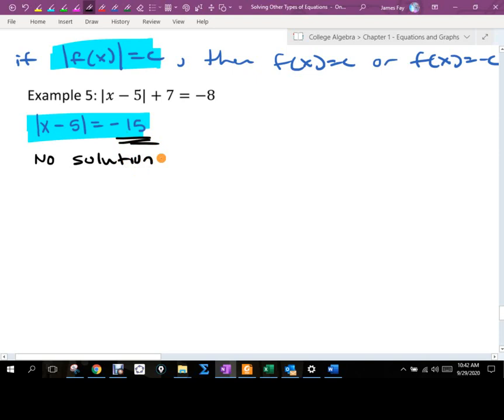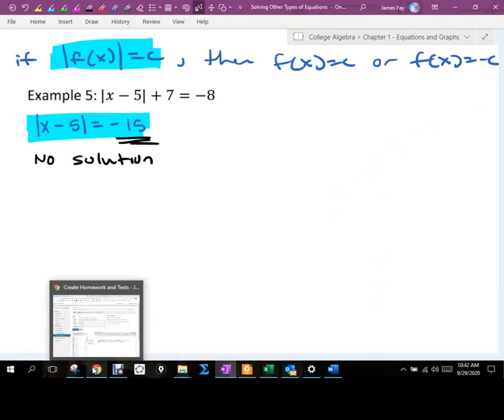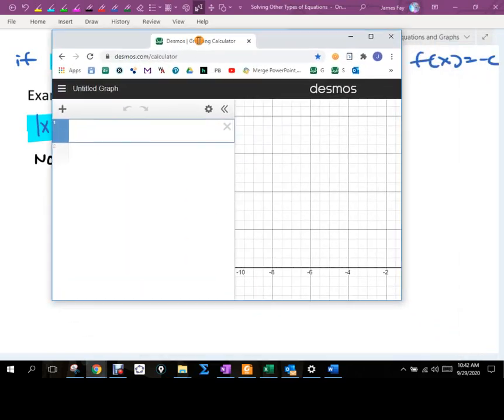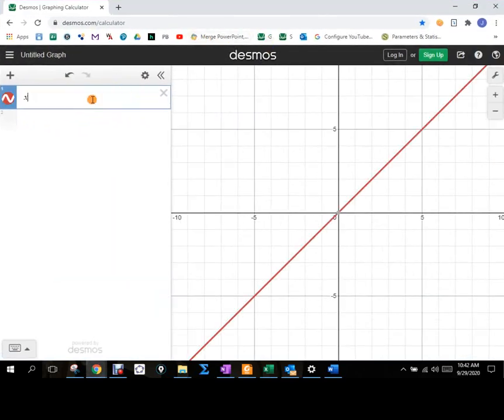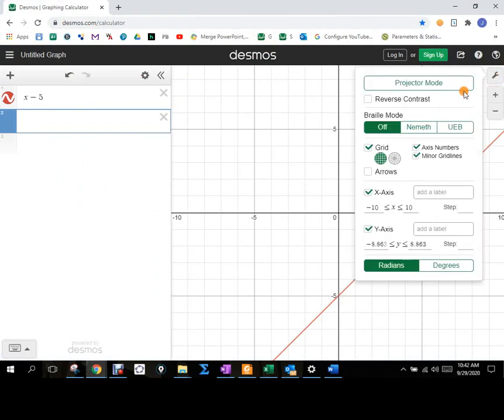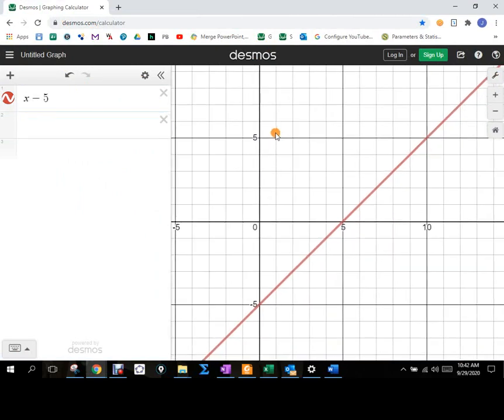One thing to think about, I've always asked you to graph these things, right? There should always be a graphical approach. You guys know what a graph looks like for absolute value? Okay, it's a V for a certain grouping of functions. So if I have x minus 5, that's my function. That is linear, right?